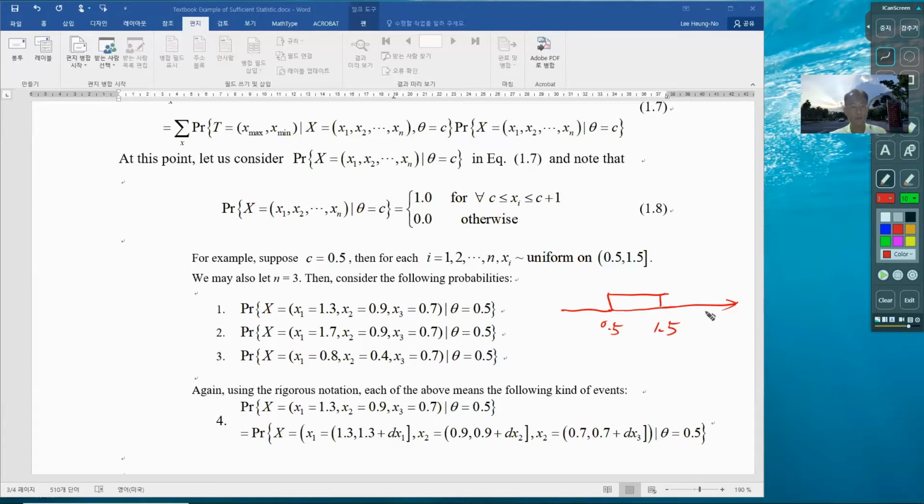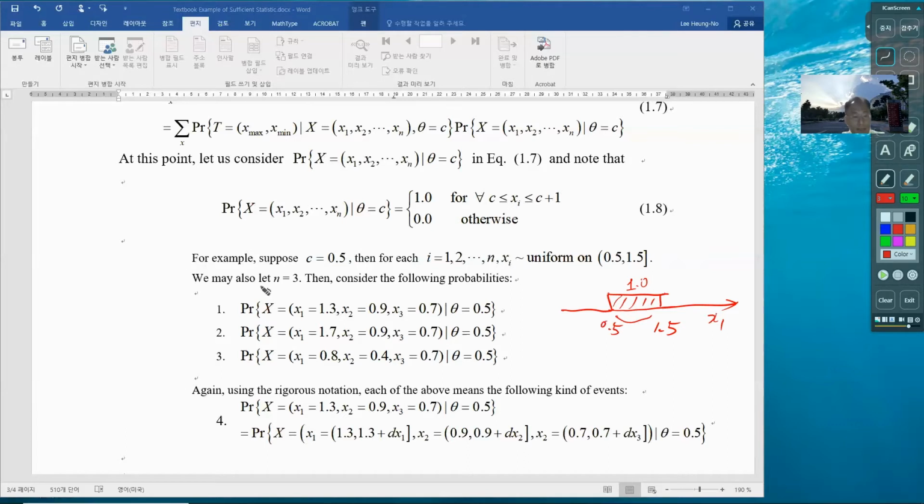And since the interval is 1, the density function is 1.0 as well. And when you integrate over the whole range of x, basically that is equal to 1. So it is a distribution.